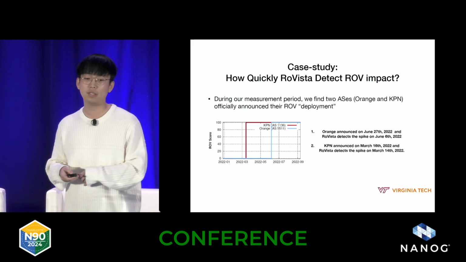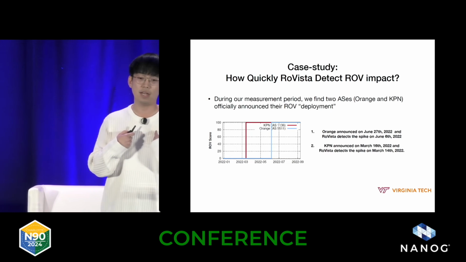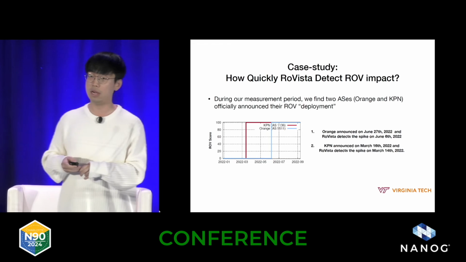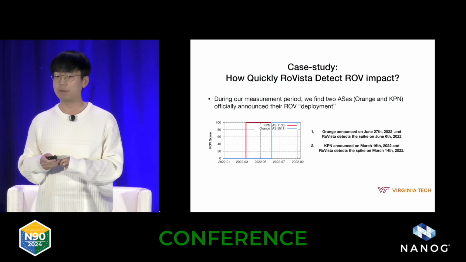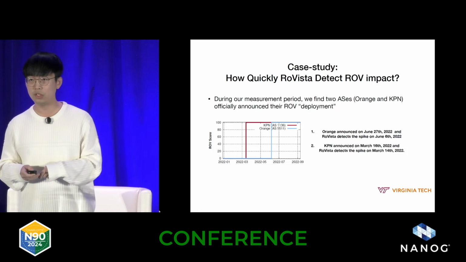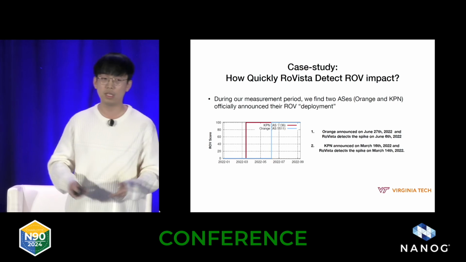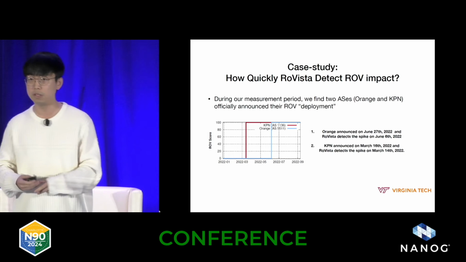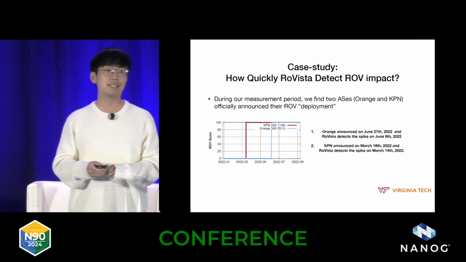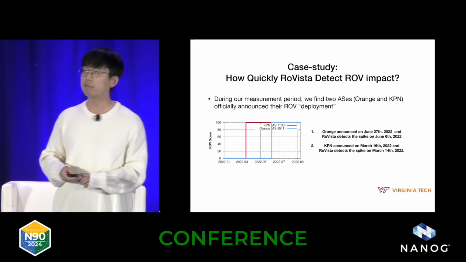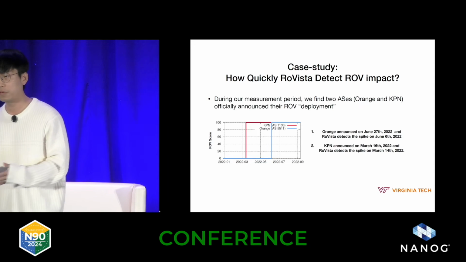The first one is, how can RoVista detect ROV impact? During our measurement period, we found that 2 ASes, Orange and KPN, officially announced their ROV deployment. The graph shows the date on the x-axis and ROV scores on the y-axis.